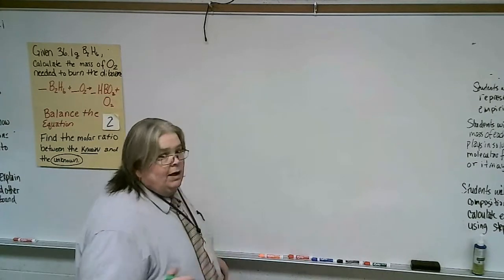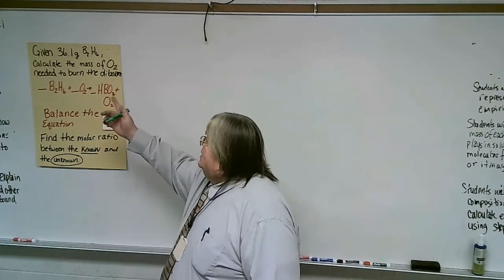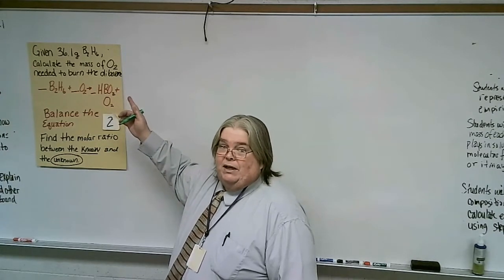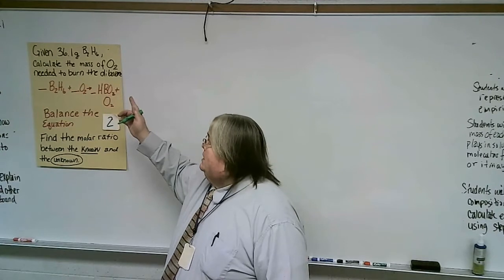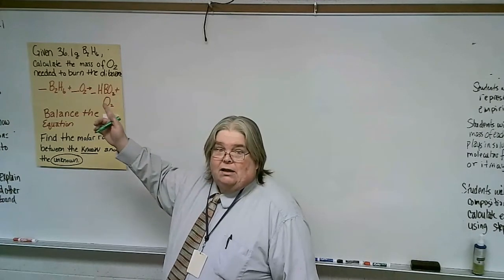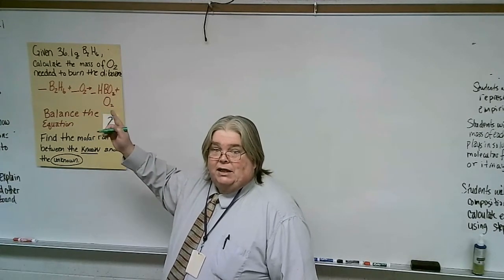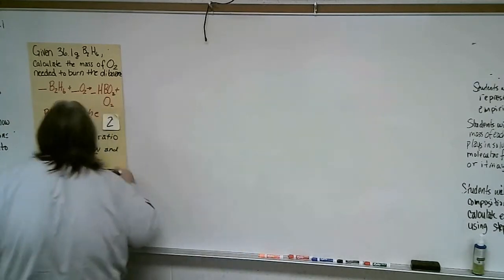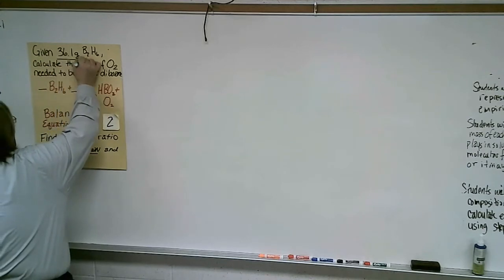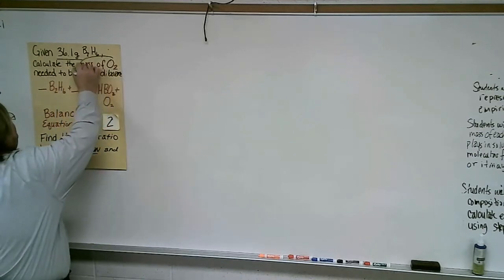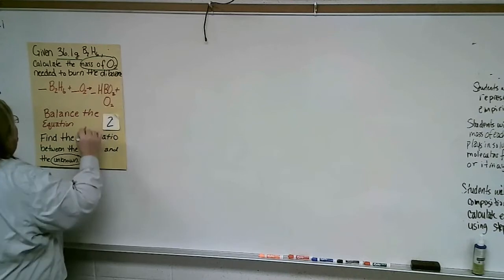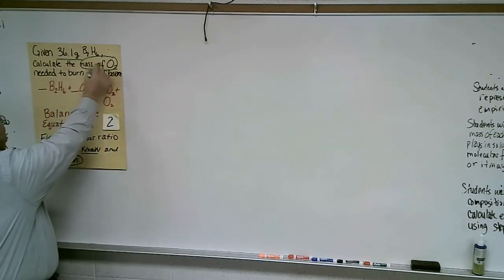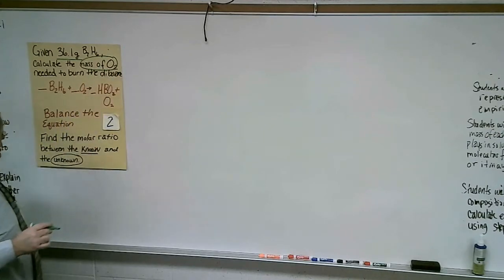If we look at our problem right here, it says given 36.1 grams of B2H6 and calculate the mass of oxygen needed to burn off the diborane. So we're going to underline the given, circle the unknown.